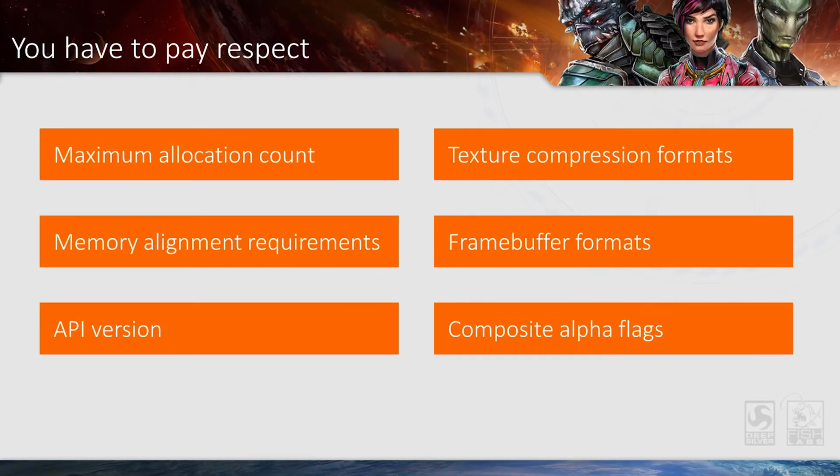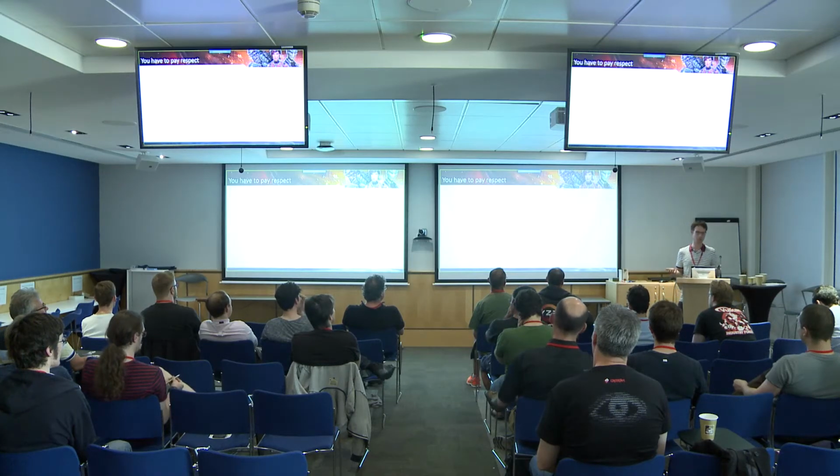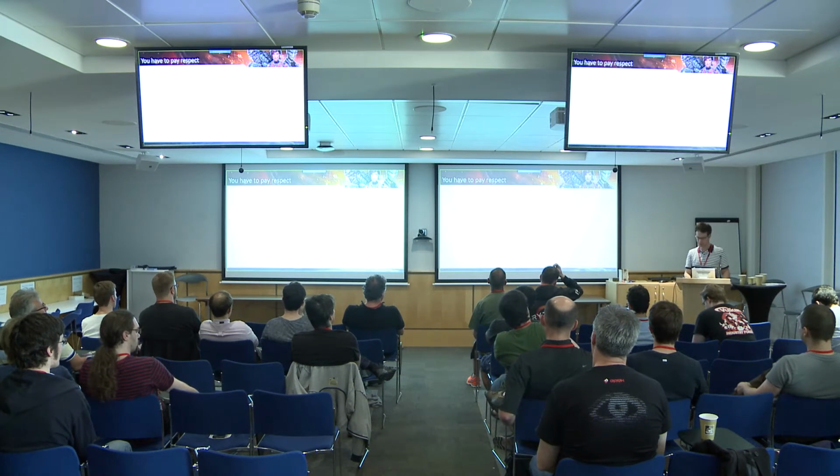First, what we learned is that you have to pay respect to the limitations, boundaries, and properties that the driver or the Vulkan implementation gives you. With Vulkan, you can query lots of things and ask if they are supported or not and what limits they have. One problem we hit here was the maximum allocation count. As we also heard earlier today, there is a maximum number of allocations you can do.